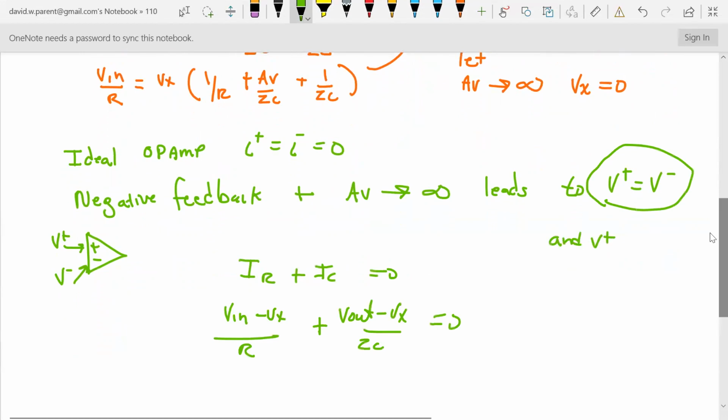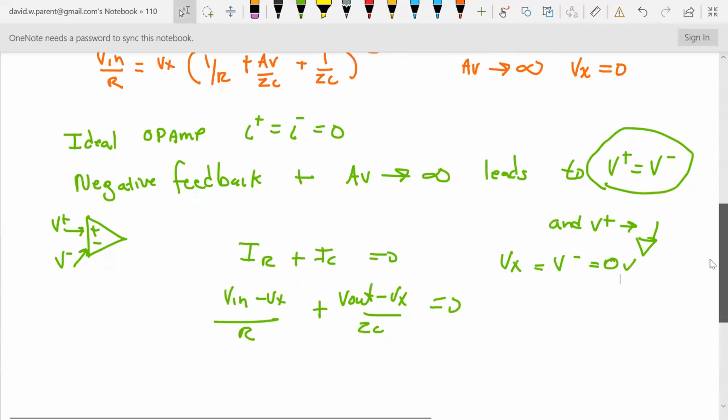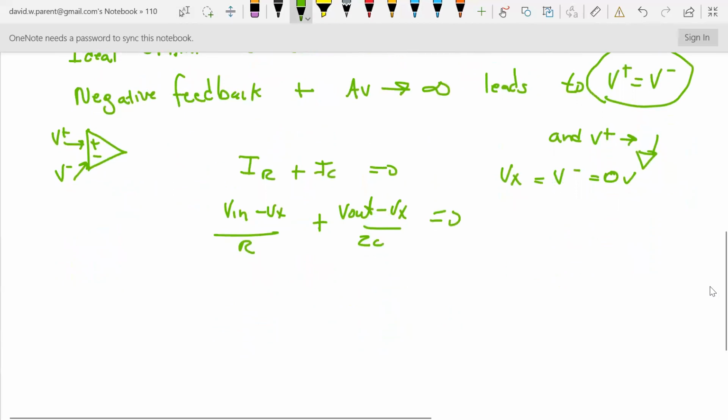And V plus is at ground. That means V minus equals Vx equals 0 volts. All right, so we get Vin divided by R plus Vout divided by ZC, because that's 0 equals 0.